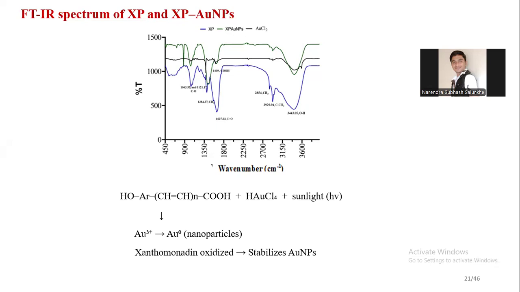The pigment contains ketone and hydroxyl groups, and these groups interact with the gold chloride solution, converting bulk gold chloride into nano gold, and the nanomaterial was prepared.